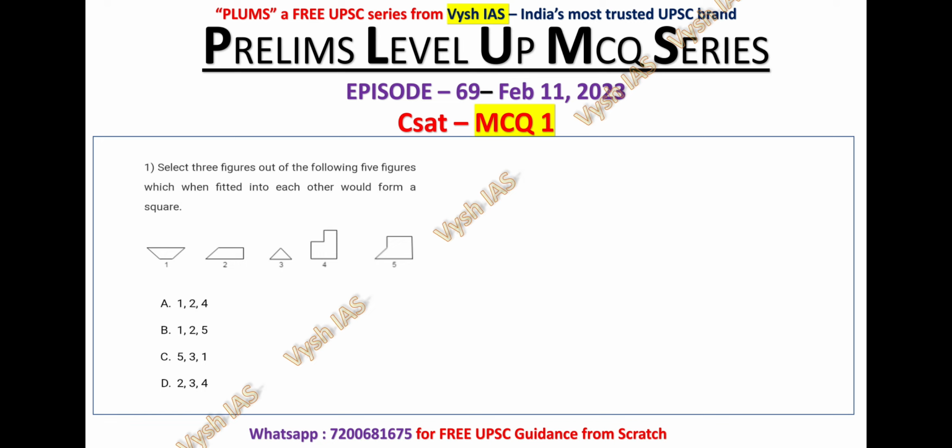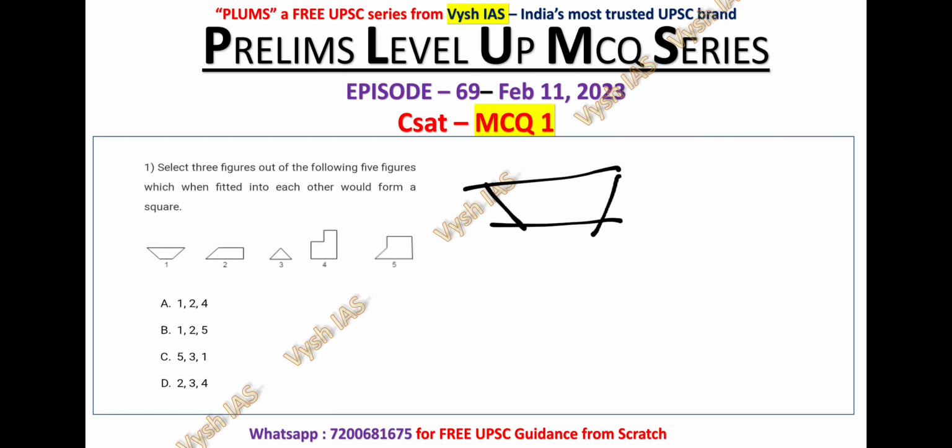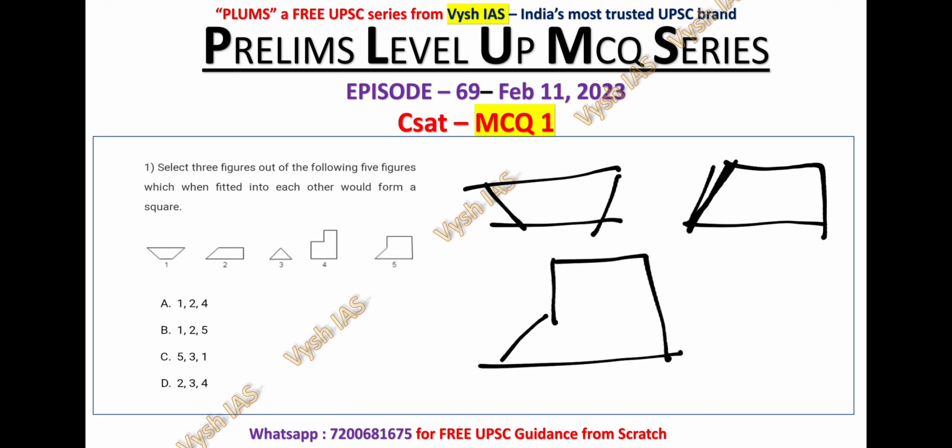The second is 1, 2 and 5. 5 is like this. If you take the first one like this and try to fit the second one into the first one, you can fit it in this way.